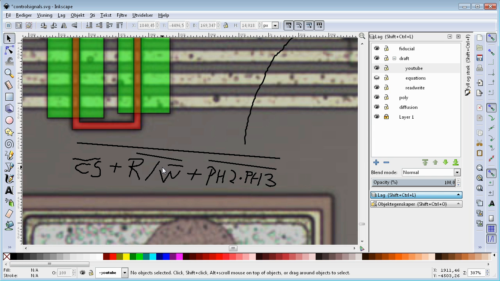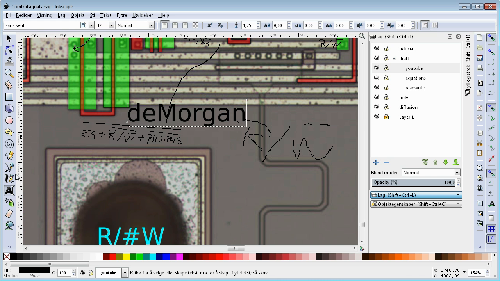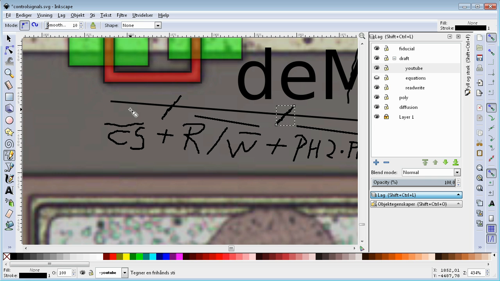So what I'm going to do now is simplify it. We have something called De Morgan. So this is his theorem. You can divide everywhere there's an operator and a bar, and when you do that, you're splitting the bar over each term.